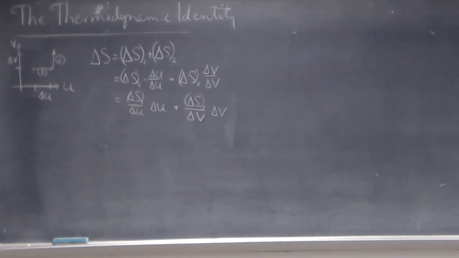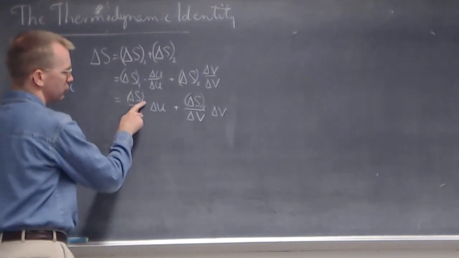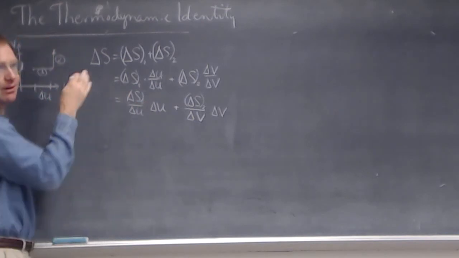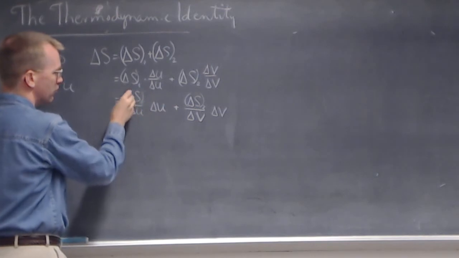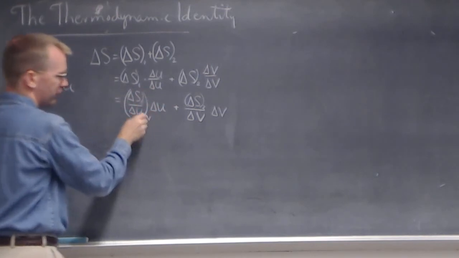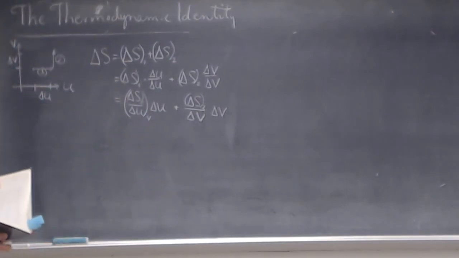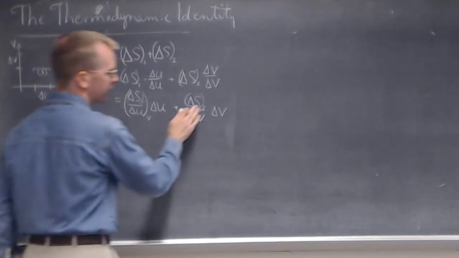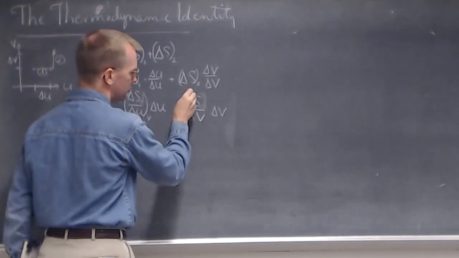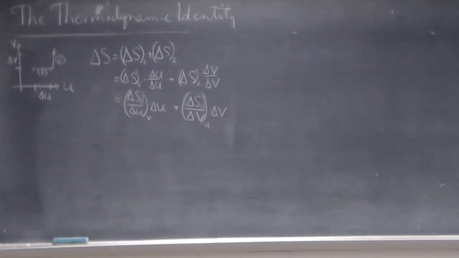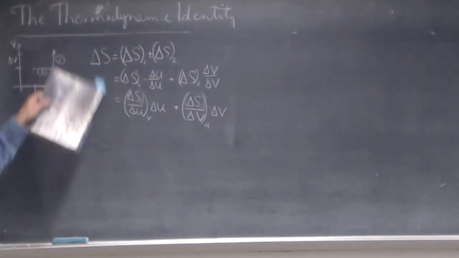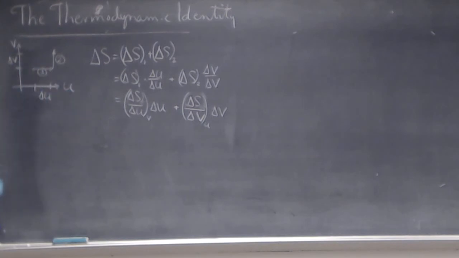Okay. Now, step 1 held the volume constant. So let me just write subscript V, volume is constant. And in step 2, the energy is constant. So I'm specifying it that way. Mathematically, this is all the same that I started off with.